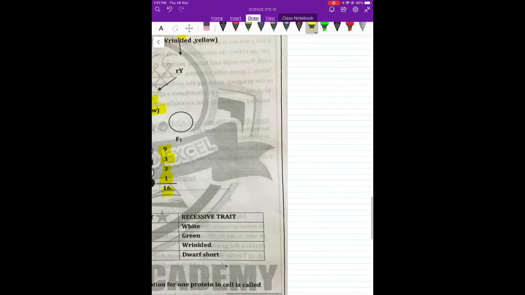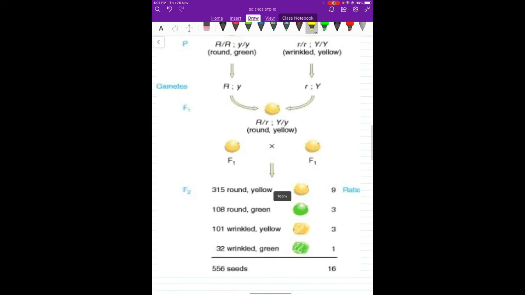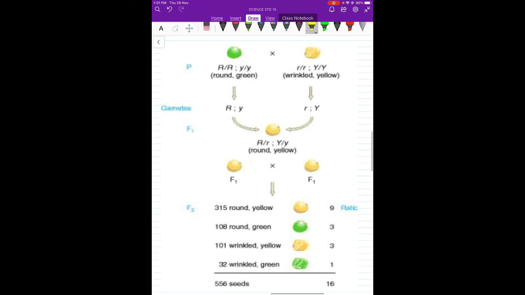This can be further seen in this figure. Just see this figure, it will exactly give us an idea. This is round and green, and this is wrinkled and yellow. These are the gametes, RY and ry. Please see the combination, capital R, small r, capital Y. So the first generation was RrYy.